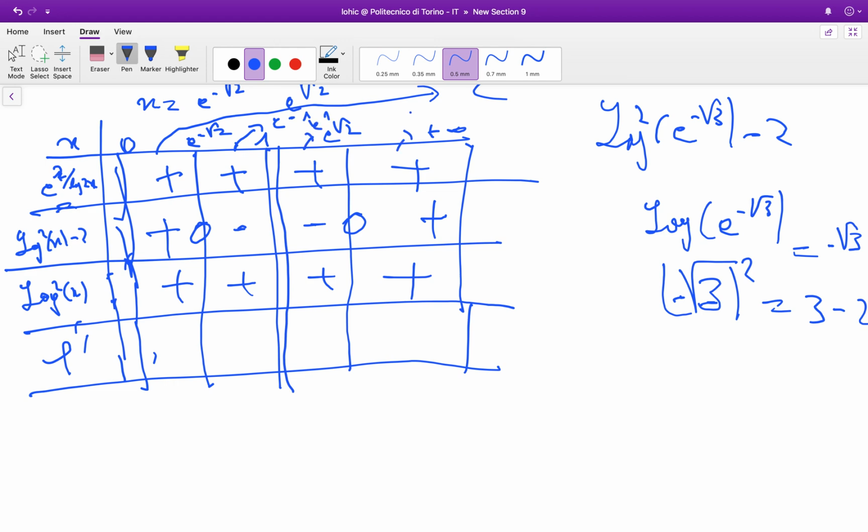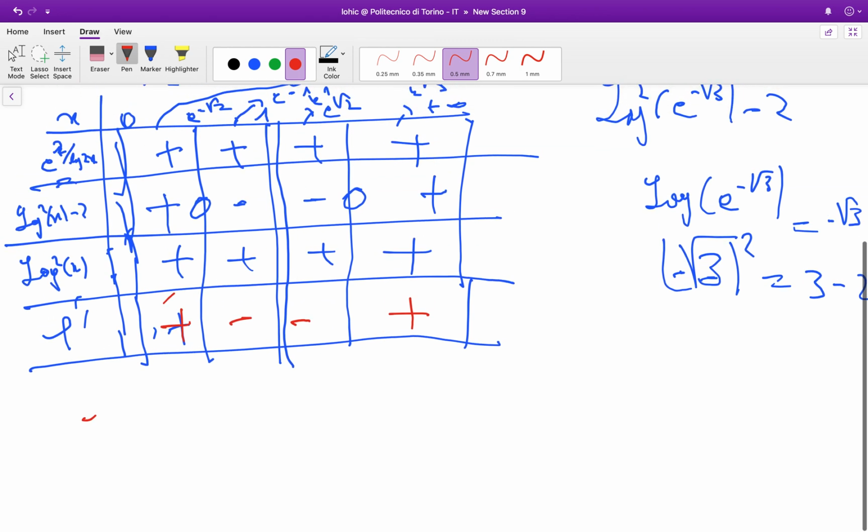And for testing here, you can take exponential of root 3. It will give you plus, minus, minus, plus. So by the end, the derivative is going to be positive, negative, negative, positive.